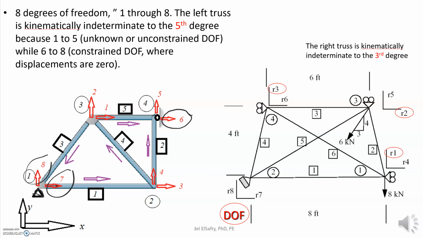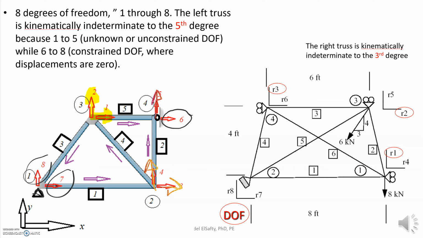So I would say 1 in the horizontal direction, 2 in the vertical direction. Agree with me? What else? After you finish this, I have 3 and I have 4. And then here, should I move to the horizontal? No, we said this is constrained, so you only have that 5. So you have 5 degrees of freedom that are unconstrained.